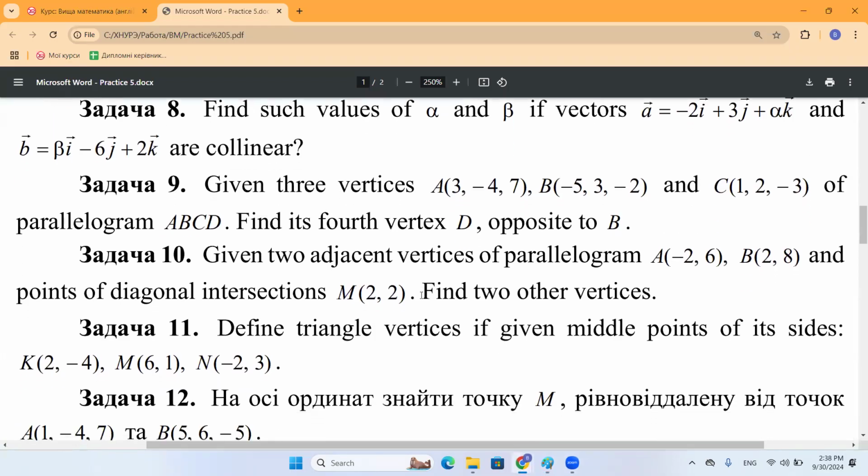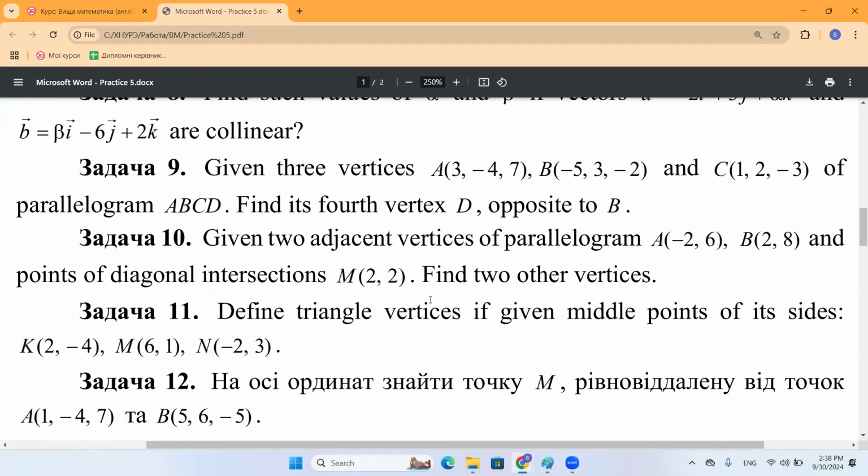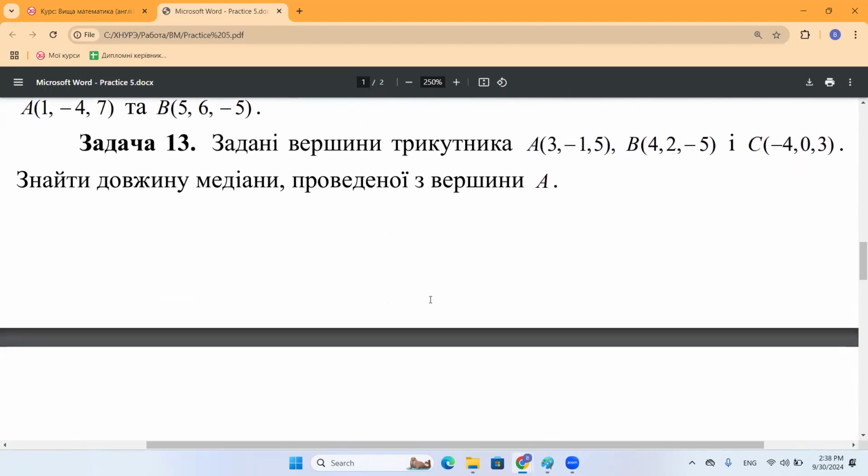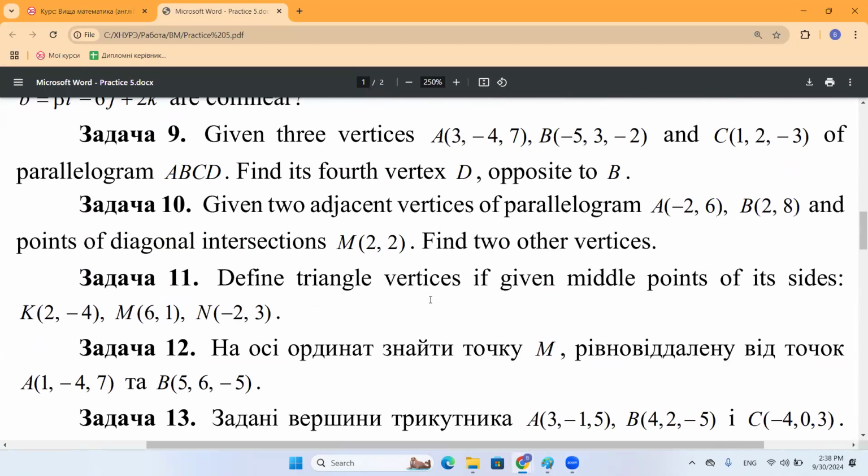Now let's see what we also have. Yeah, some of them are not finally translated, but I will share with you material where everything will be translated.